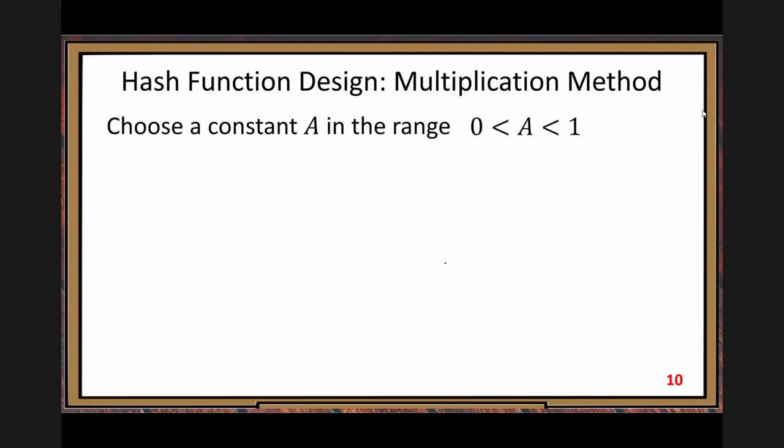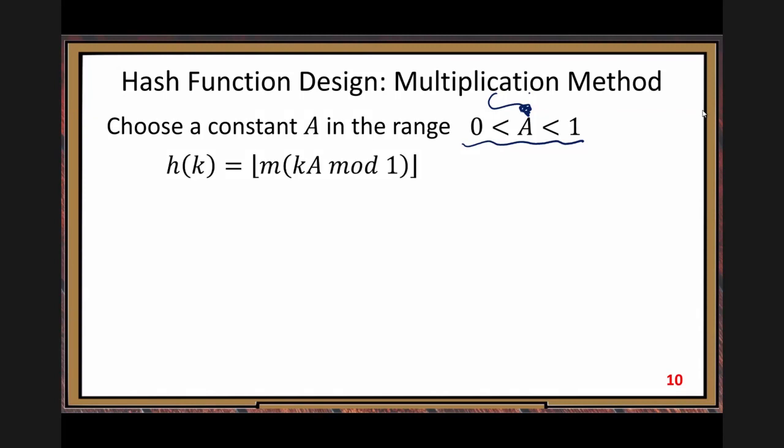Think about it. If we have an A in this range, then we do multiplication with A, so we can change the mapping hash function values to many different places. All right, look at this hash function.